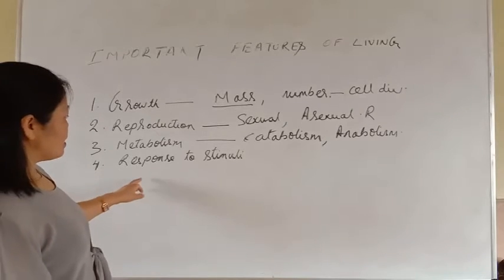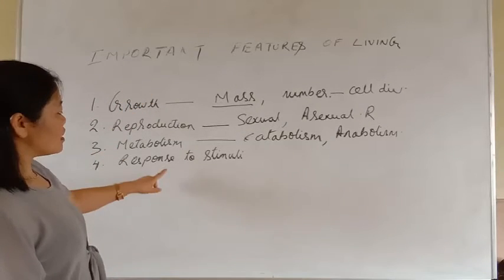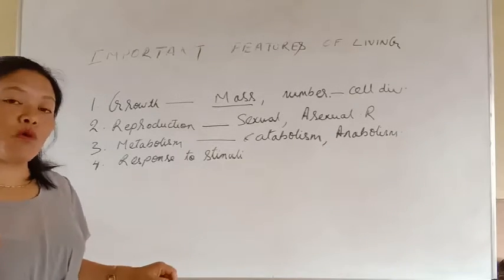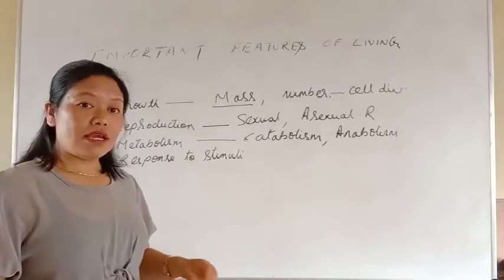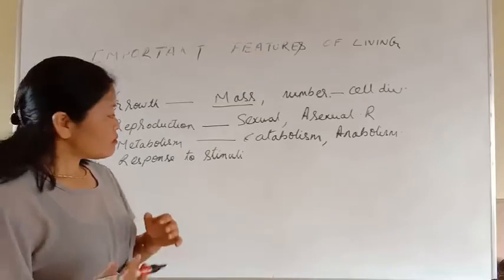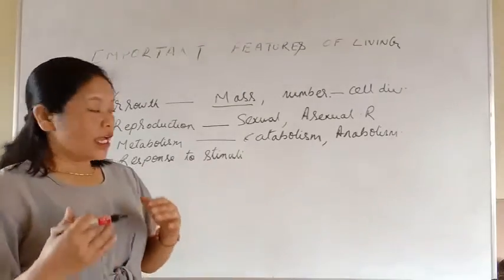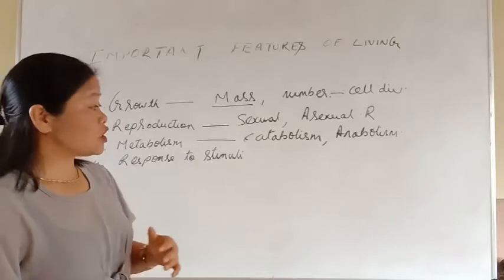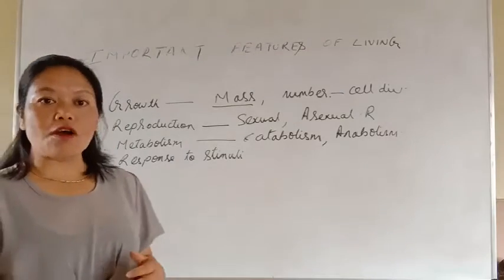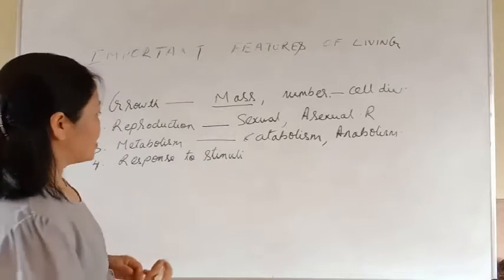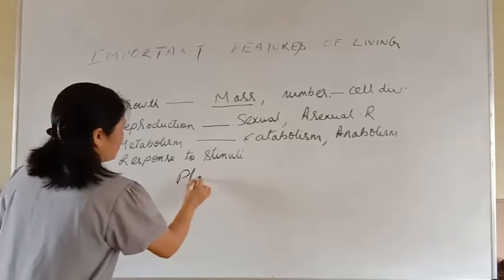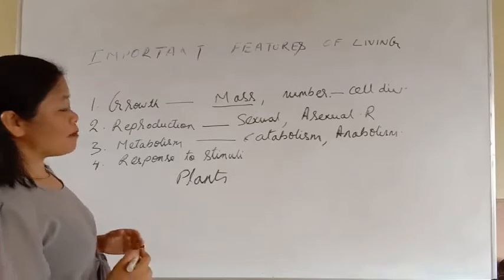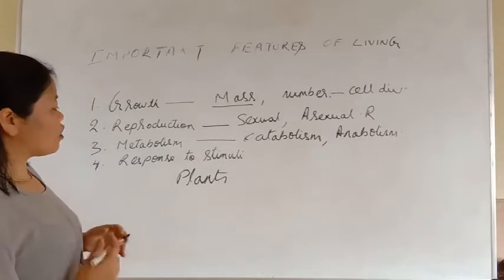Then the last one: all living organisms respond to stimuli. They respond to environmental surroundings, and the response may be physical, chemical, or biological. Since botany is all about plants, we will be talking about plants only.